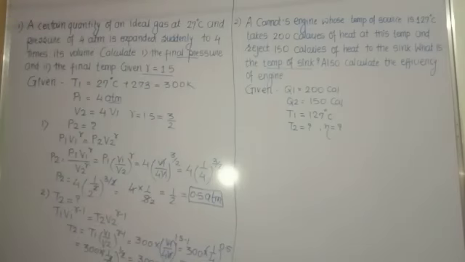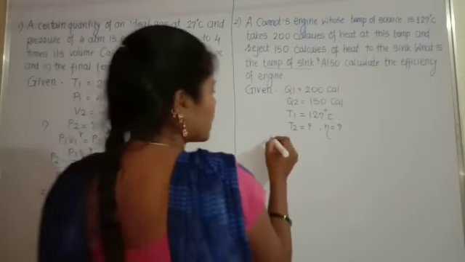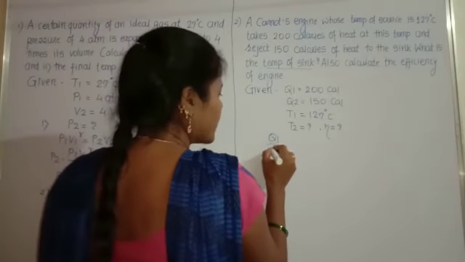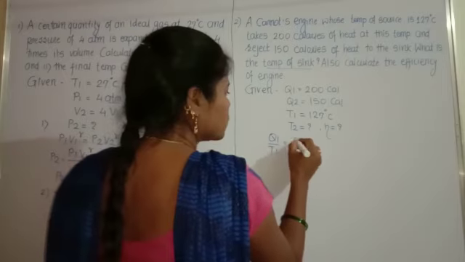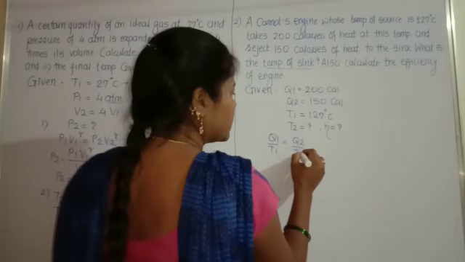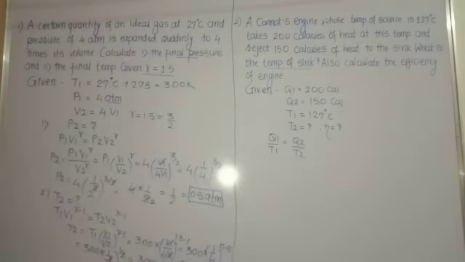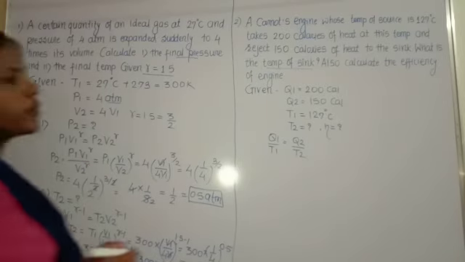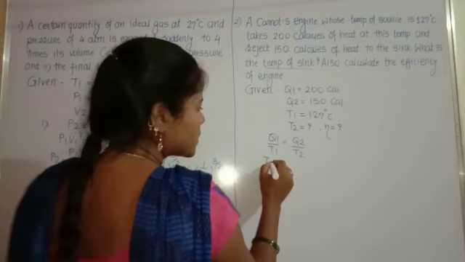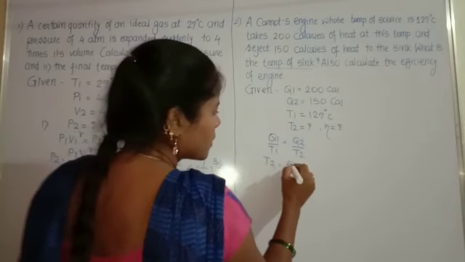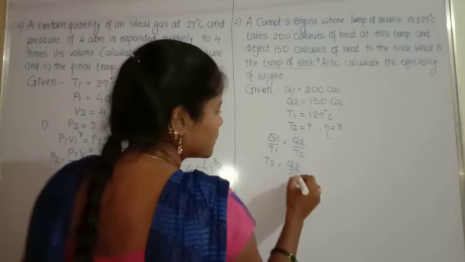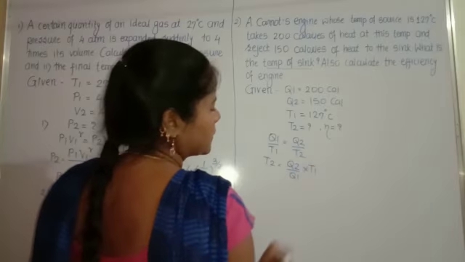Okay, so we have the formula Q1 by T1 equals Q2 by T2. We use this formula. We have to calculate T2, therefore T2 equals Q2 by Q1 into T1.